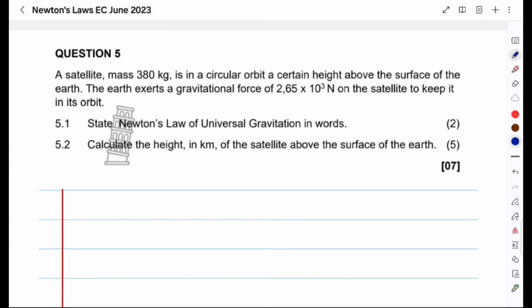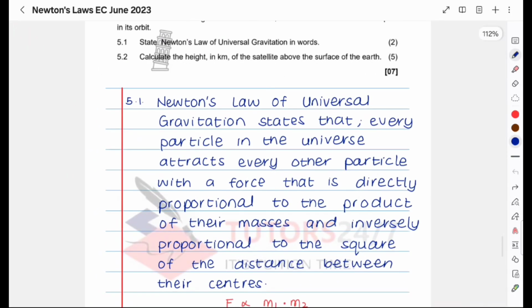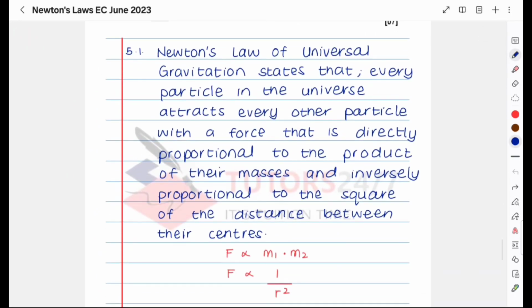Now, question 5.1 states, state Newton's law of universal gravitation in words. Now, we know that Newton's law of universal gravitation states that every particle in the universe attracts every other particle with a force that is directly proportional to the product of their masses. Product meaning you multiply the masses.